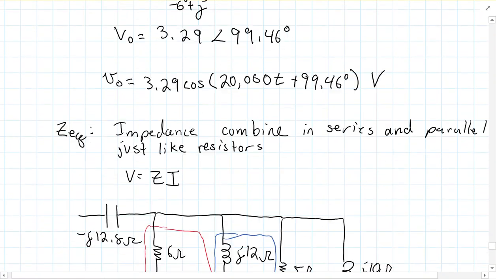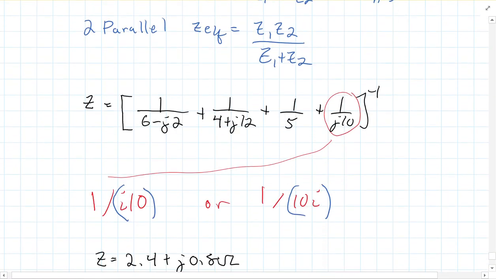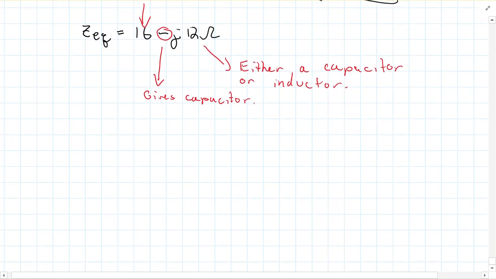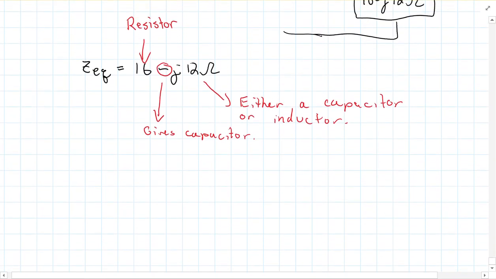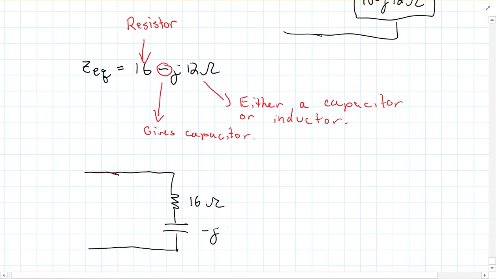So if you see minus j, that's always some kind of capacitive effect, and if you see plus j, that's some kind of inductive effect. So if we wanted to draw the circuit, we would draw a 16 ohm resistor followed by a capacitor. You could flip the order, it doesn't matter, but I typically draw the resistor first and then the minus j12 ohm capacitor. So this would be the circuit you would draw for ZEQ.